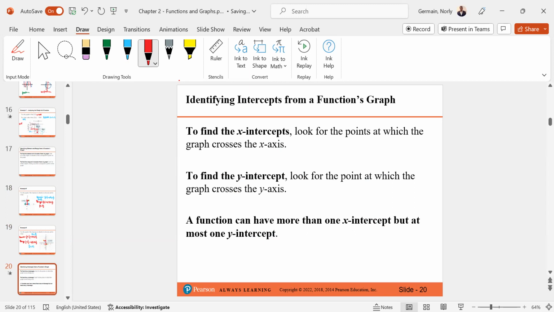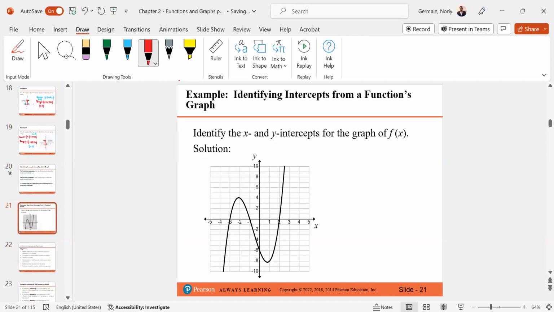A function can have more than one x-intercept, but at most one y-intercept. It can touch the x-axis multiple times, at least one of them, or maybe none. It all depends. But for y, it should be only one time, otherwise it's not a function.